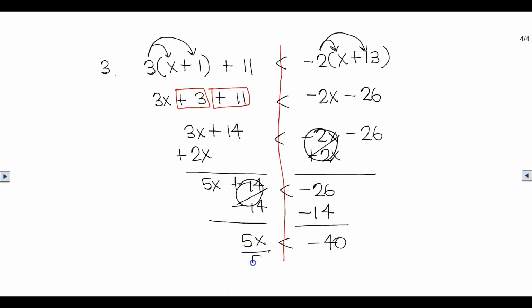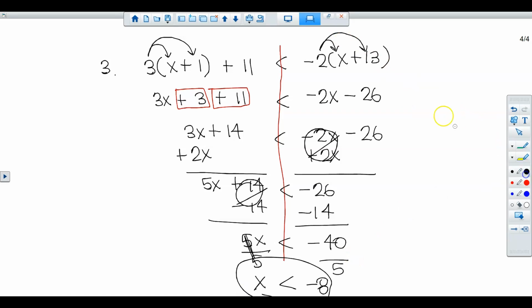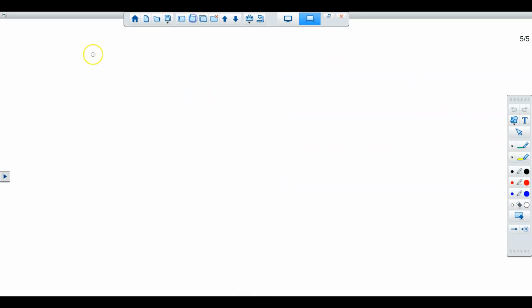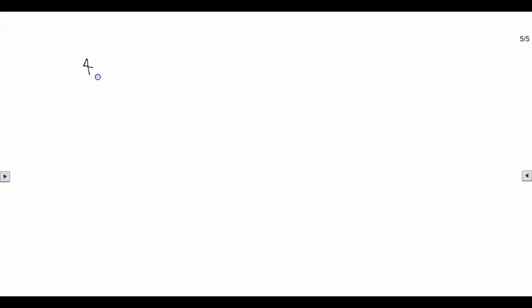Undo multiply or divide. I'll divide both sides by 5, and I'll ask, is it a flipper? No. So I get x is less than a negative 8. So again here, same thing we did with equations. The only difference is that flipper question at the end.